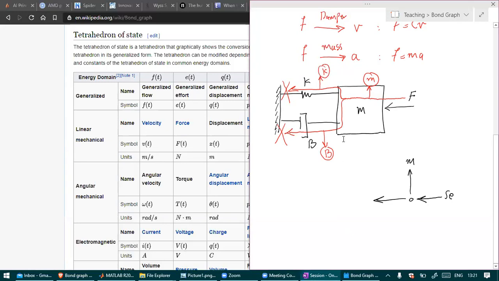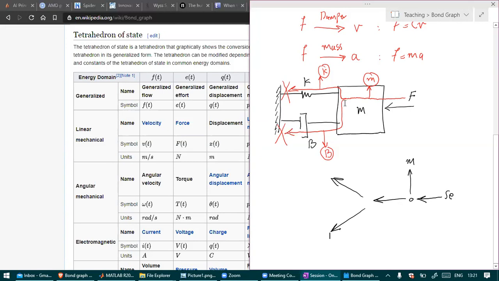Okay, then we reach this junction, and in this junction the power flows in two directions. When we reach a junction, we have to ask what is divided or what is collocated at this junction.